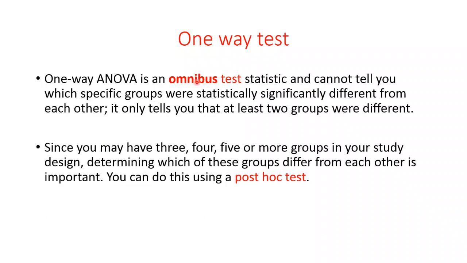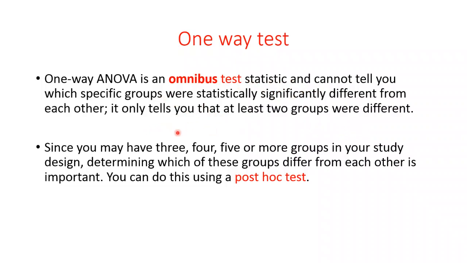Then this ANOVA statistic tells us that there is a difference between the means, but cannot tell us which specific group was statistically significant.